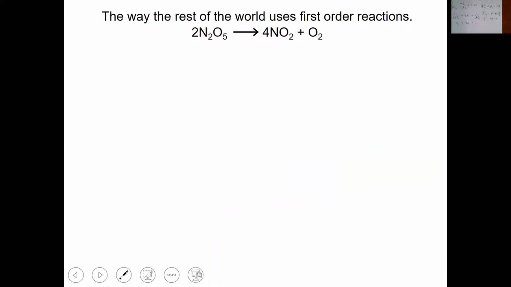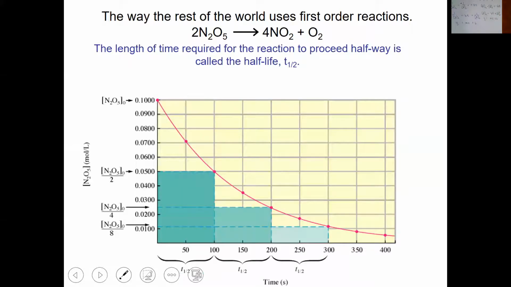1st order reactions, it's great. We can talk about their concentration at certain times, but a very common way to talk about them is what's called the half-life. A common way to talk about all reaction types is a half-life. Half-life means how long did it take for half of your initial reactant to be consumed.